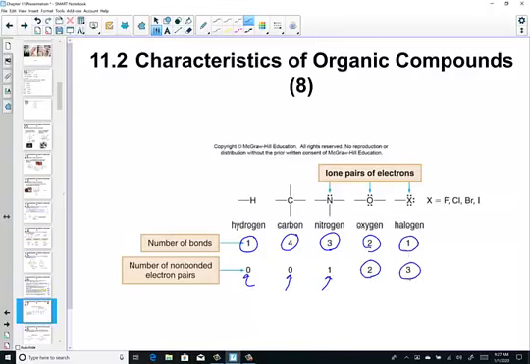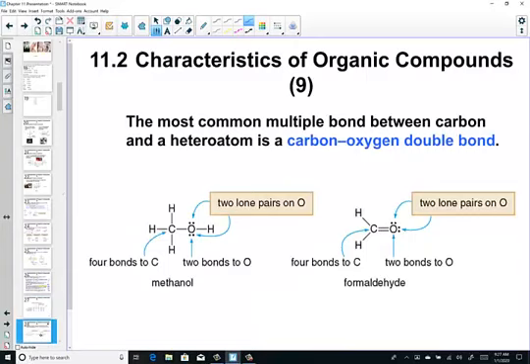And we practiced that on the previous slide, just recognizing from the Lewis dot structure based on where it lives in the periodic table. And I would say the most common heteroatom multiple bond is a carbon to oxygen double bond.